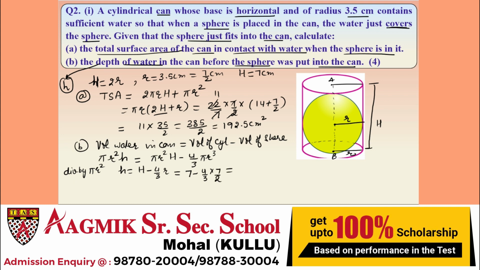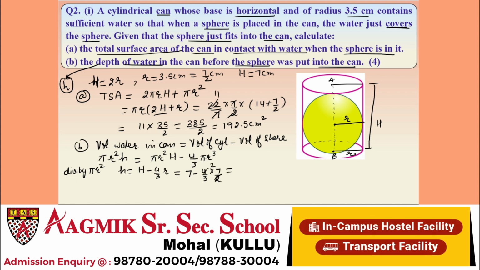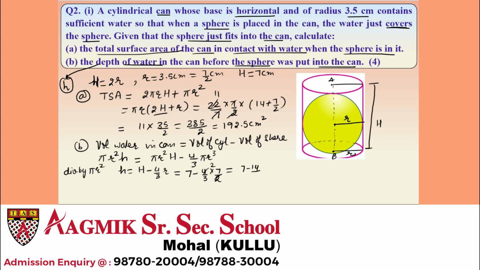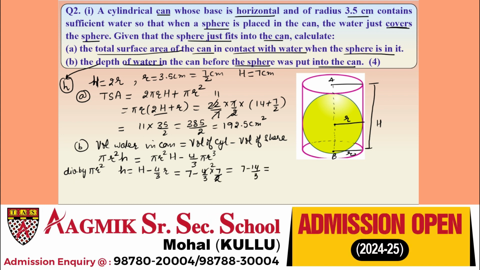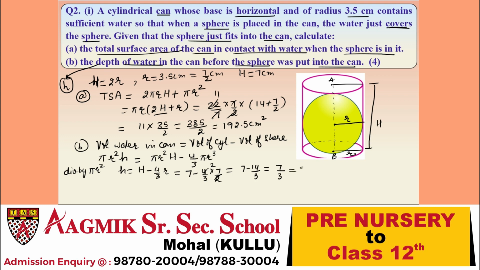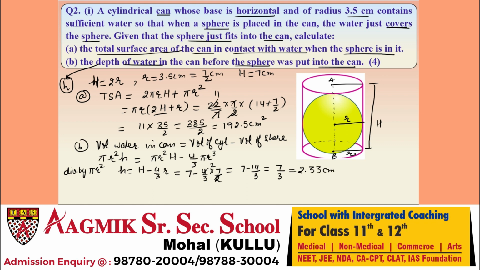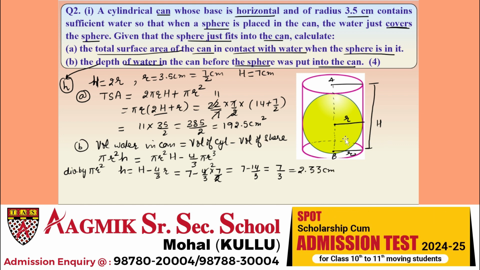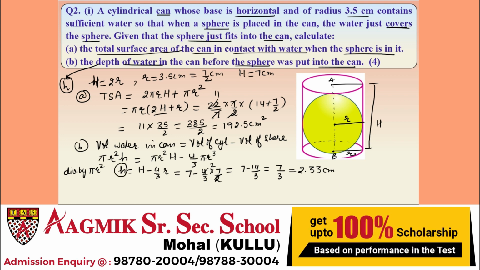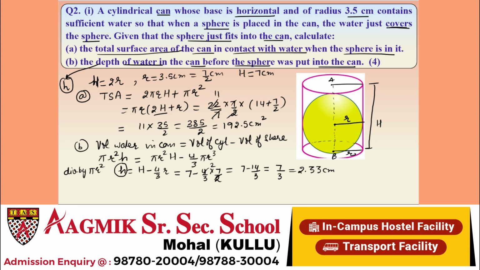Now this you may cancel. So this is 7 minus 14 by 3. So 21 minus 14, that is 7 by 3, which is equal to 2.33 centimeters. So this is the depth of water in the can before the sphere was put into the can.